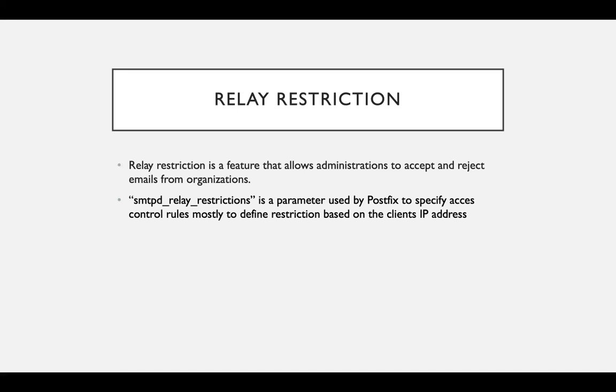smtpd_relay_restrictions is a parameter used by Postfix to specify access control rules, mostly to define a restriction based on a client's IP address. So for admins to reject or accept emails, they usually go based on the IP address. An IP address is very important because based on it, they will determine if this is malicious or not.